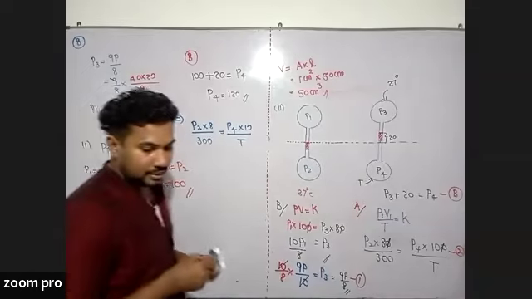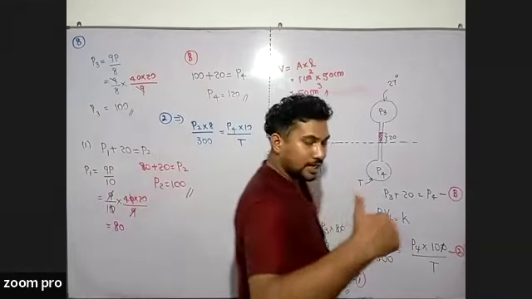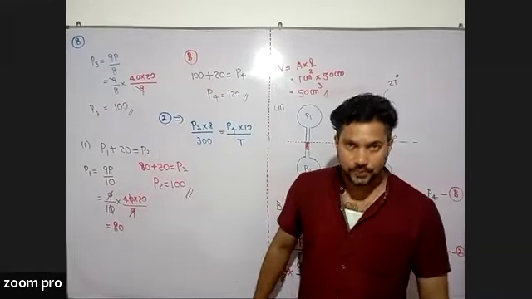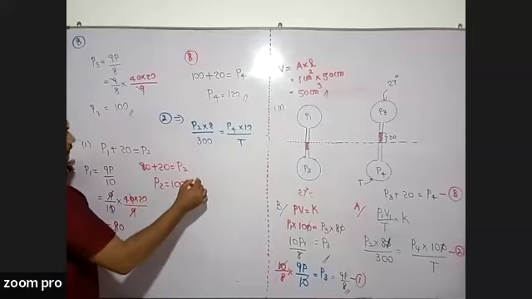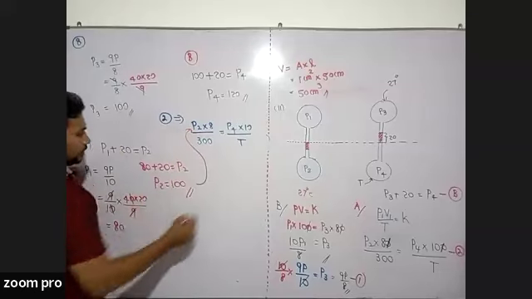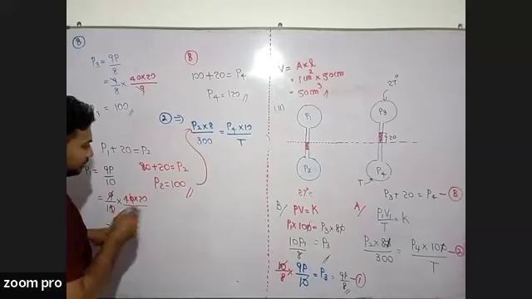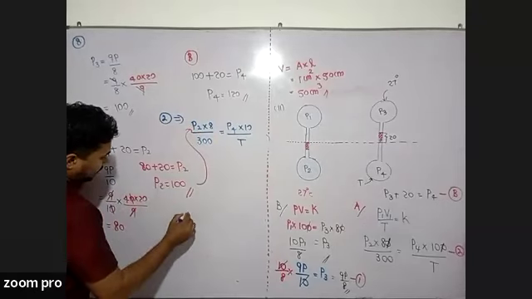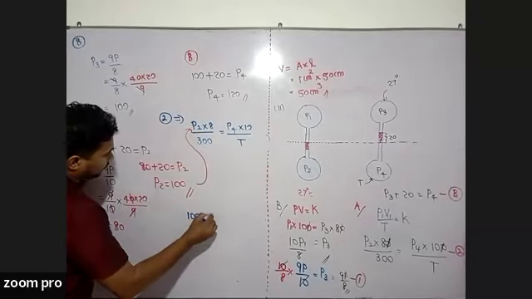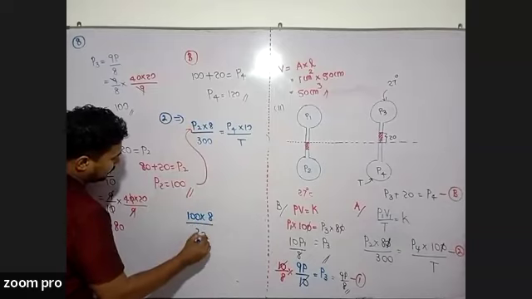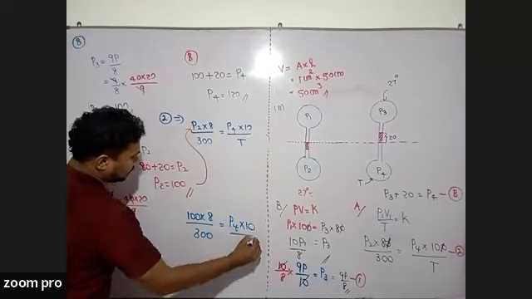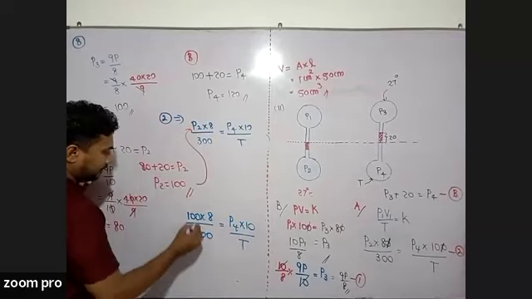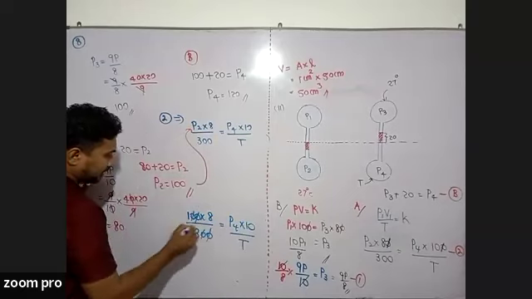Guys, keep in mind that I have used P1 and P2 at the first instance of this question, right? Then, if you substitute these values into this equation, we can derive that 100 into 8 over 300 equals P4 into 10 over T. Then these can be cancelled.